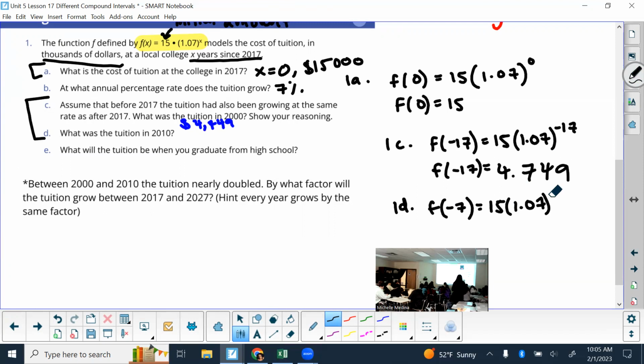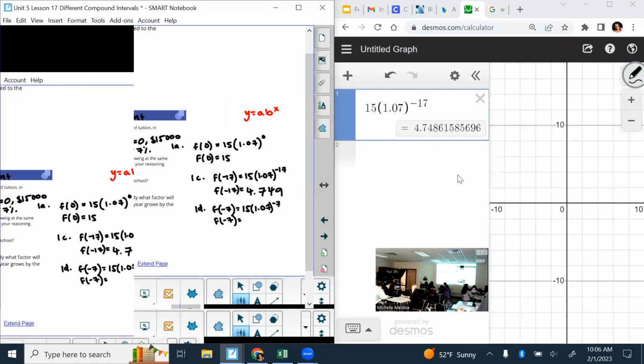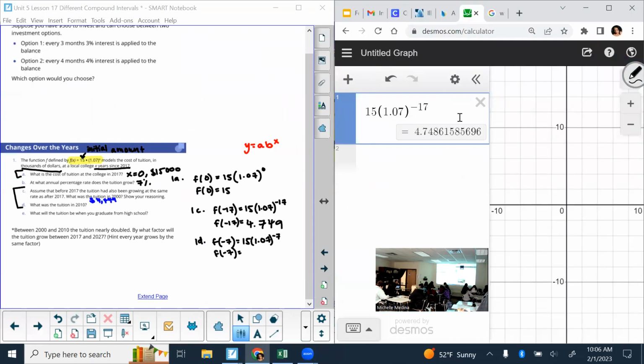Although you guys should be able to create it if they gave you the initial amount and the rate. And then you plug that in, and what do you get? Table 5. Okay, good.